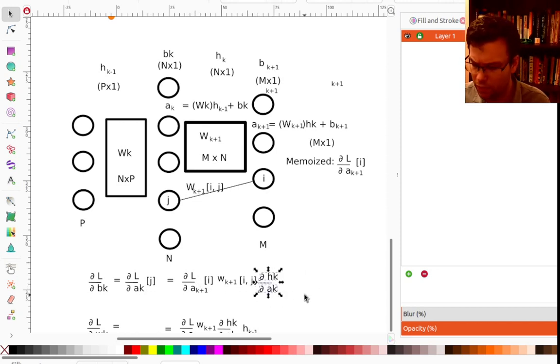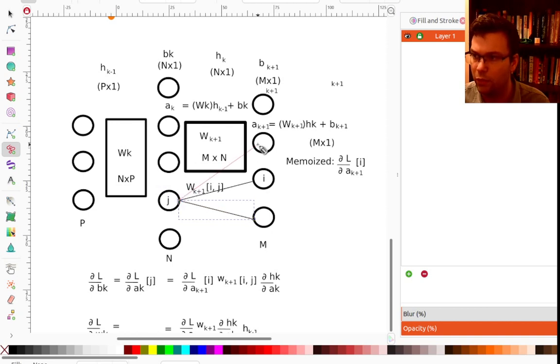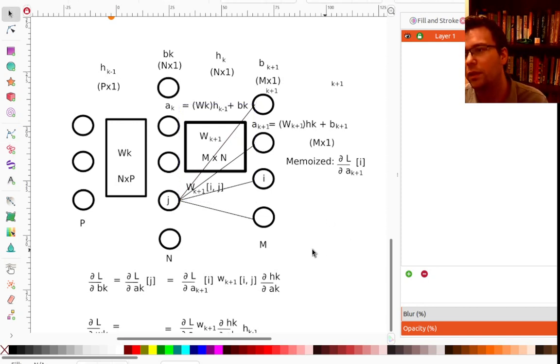That's because this neuron influences every neuron that follows. Again, this is a fully connected network, what we call a multilayer perceptron, so this is fanning out and influencing every i over here.